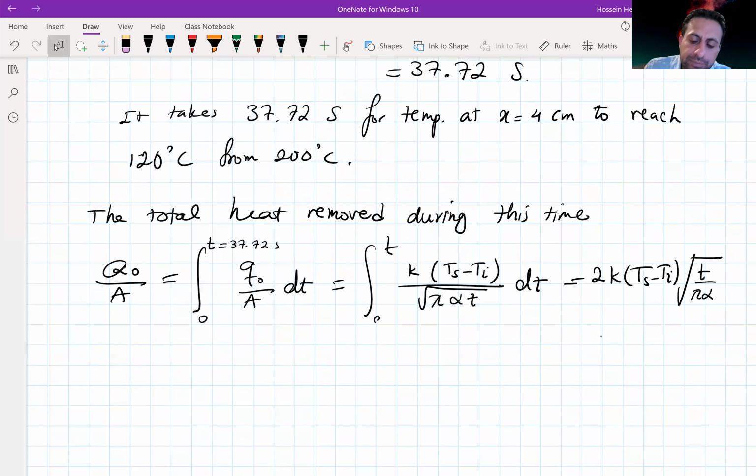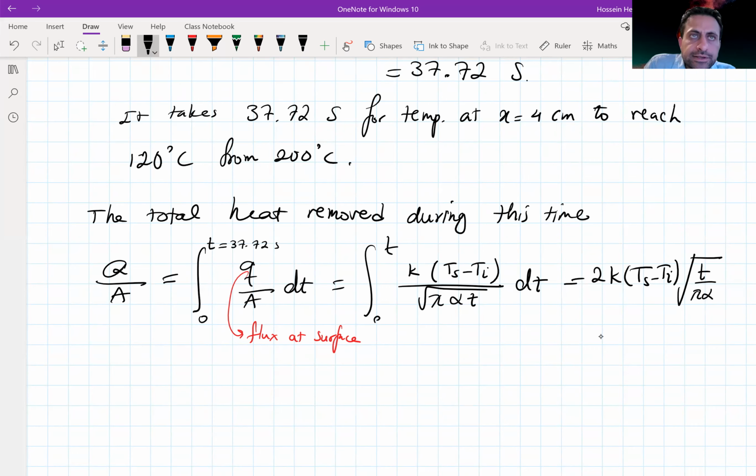If you do the replacement here, let me just write it down. The flux at the surface, which is x equal to 0, I'm just going to remove this 0 and call it q.